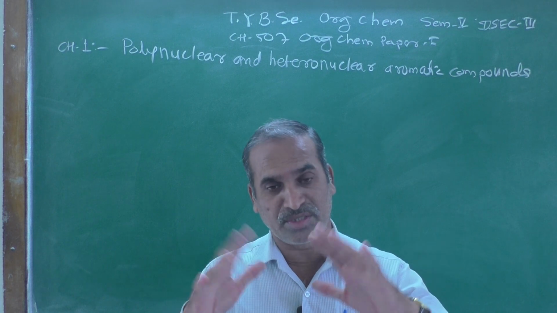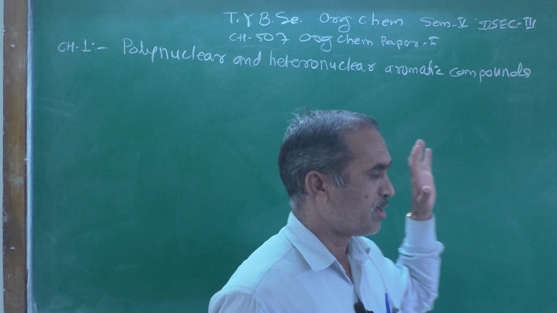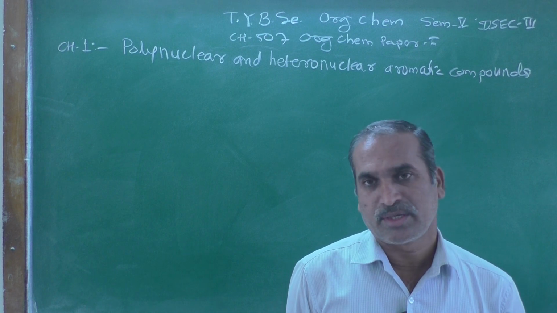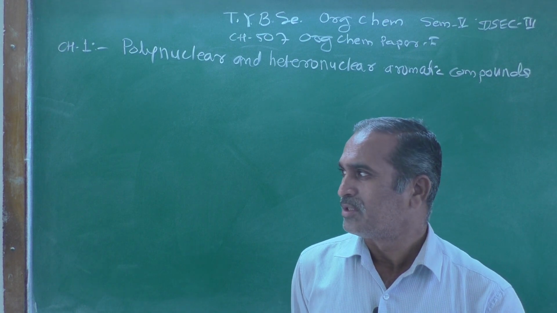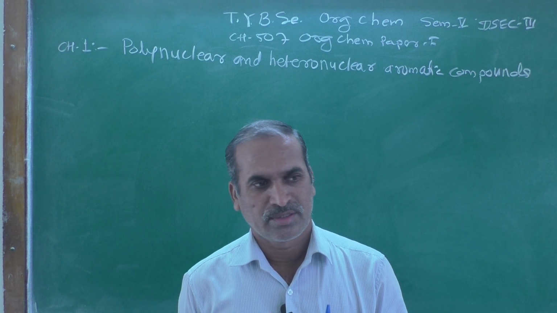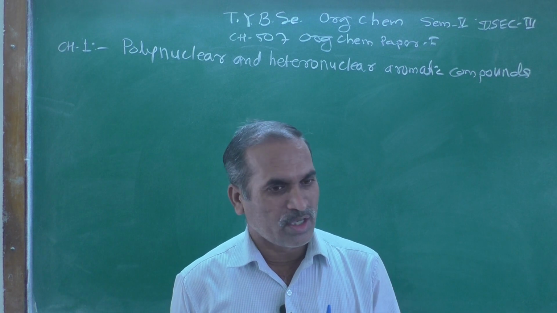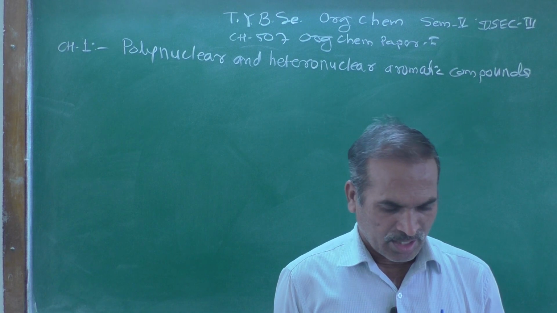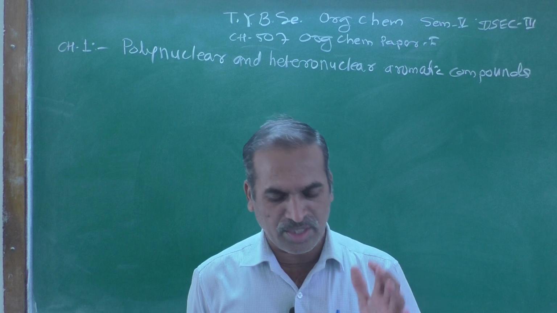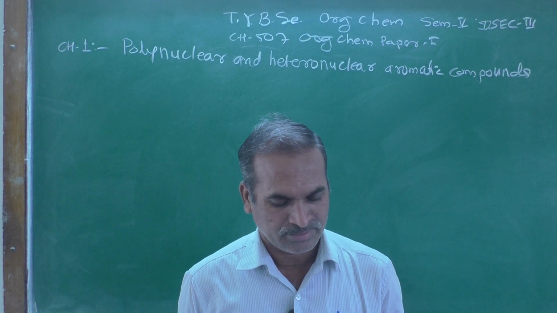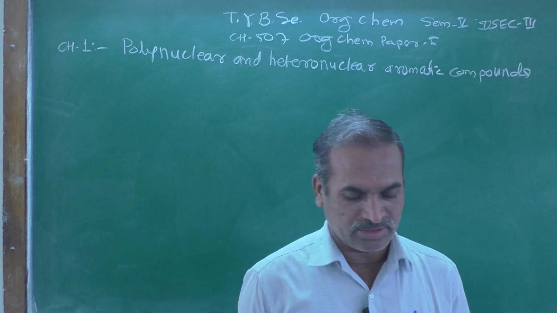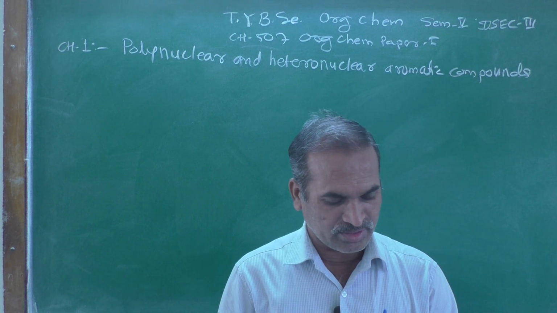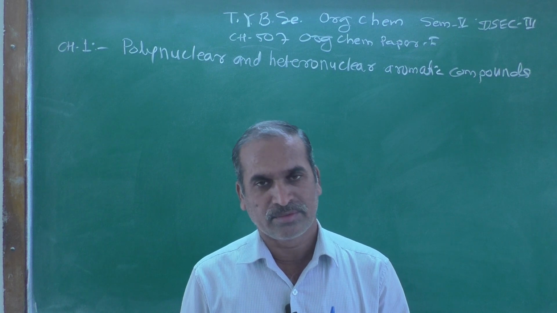For example, benzene is the simplest aromatic compound. Benzene has the molecular formula C6H6, and all those compounds which resemble benzene in their chemical properties are known as aromatic compounds.